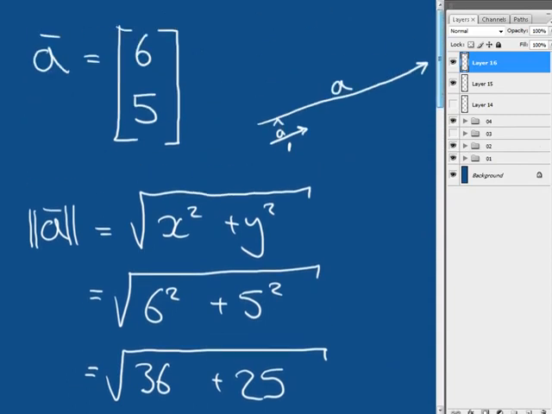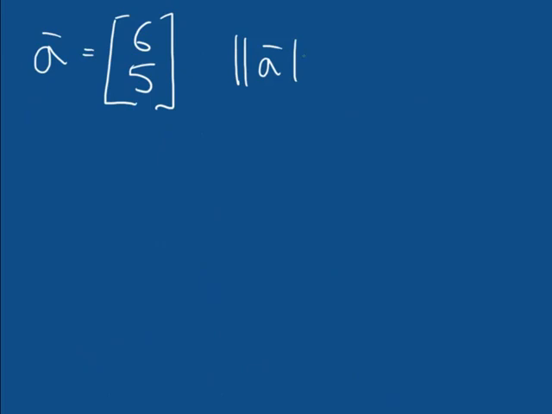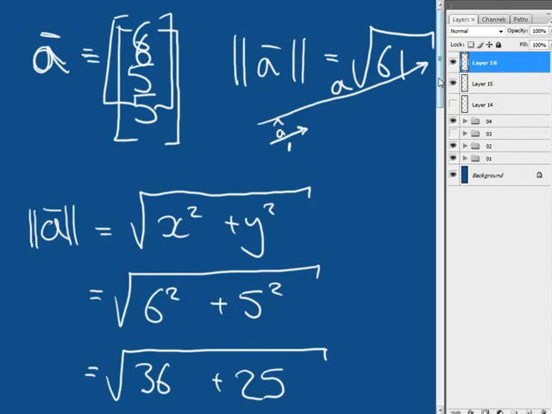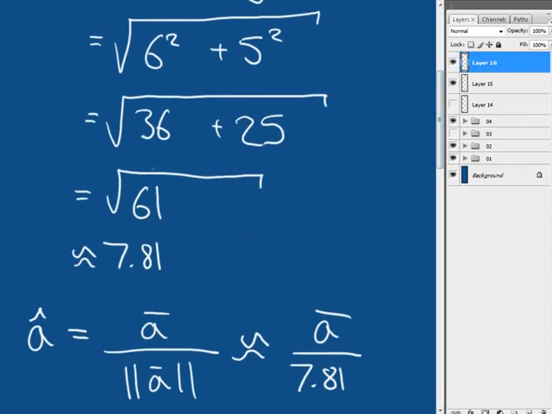So if we recall, our original vector A is 6 in x and 5 in y. And we calculated that the magnitude of A is equal to the square root of 61. Again, we calculated that a second ago.